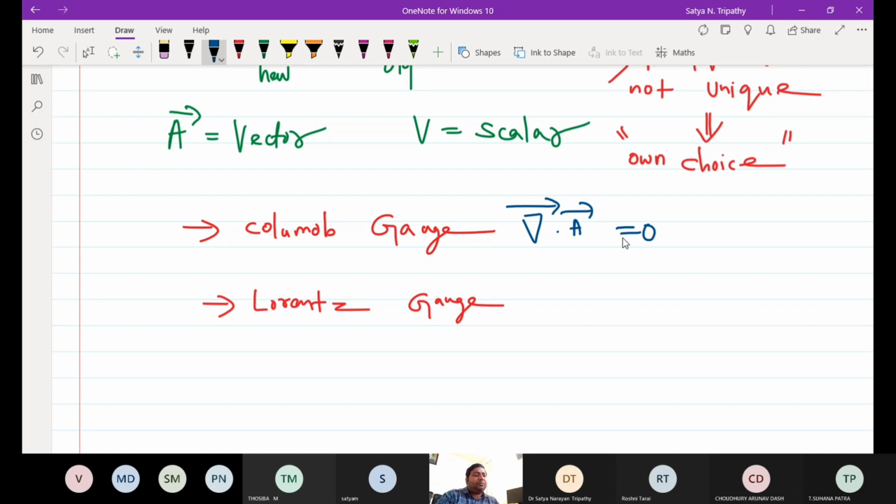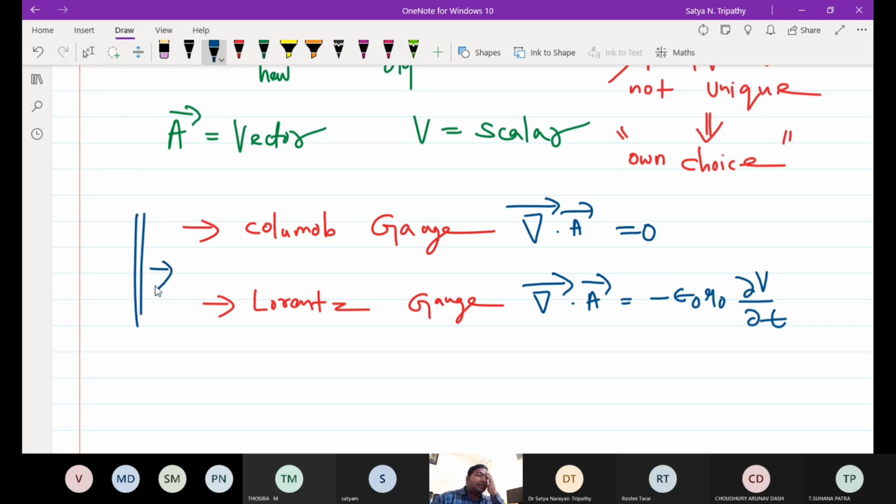We can choose the potentials such that del dot A is 0. In the Lorentz gauge, we choose del dot A equal to minus epsilon 0 mu 0 dV by dt. This is up to our choice, because the potentials are not unique. These are the two transformations used in classical electrodynamics. Is it clear?